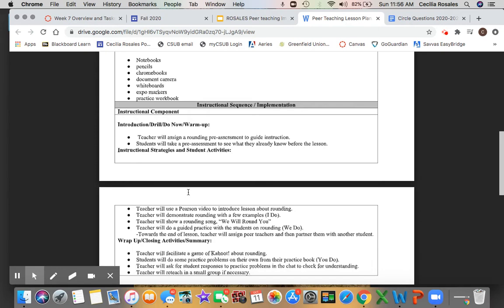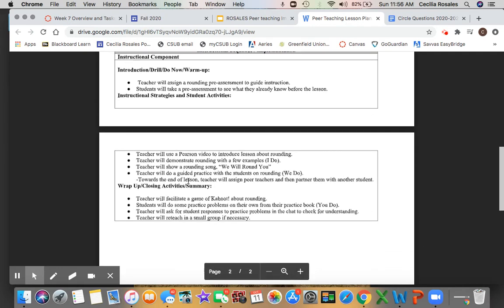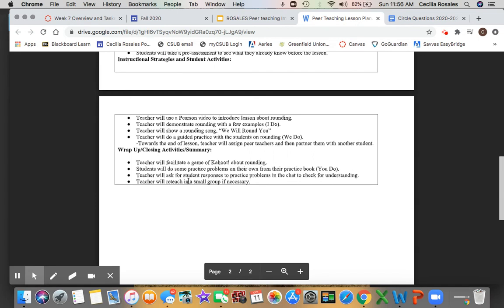At the beginning, I will assign the pre-assessment so that the students can see where they're at before the lesson. And then I will introduce rounding with a Pearson video. After the video, I will give some examples myself so they can take notes and write these in their notebooks, and first just watch what I'm doing, and then we'll do the We Will Round You video that I found.